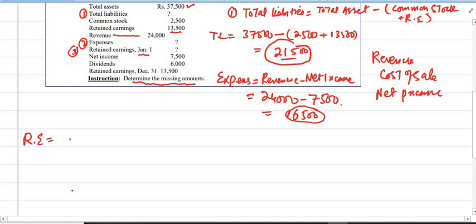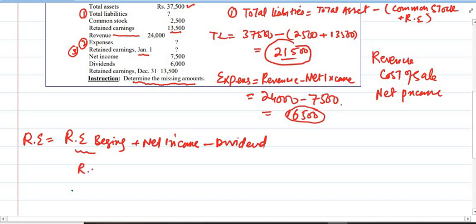Retained earning is beginning retained earning, plus net income, minus the dividend which you have to pay to the shareholders. Now the missing figure here is the beginning retained earning, so we have to rearrange the equation.